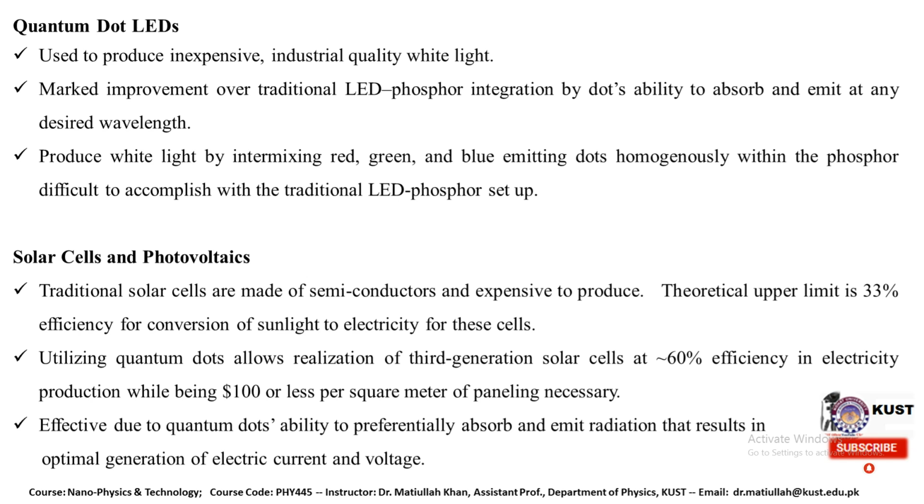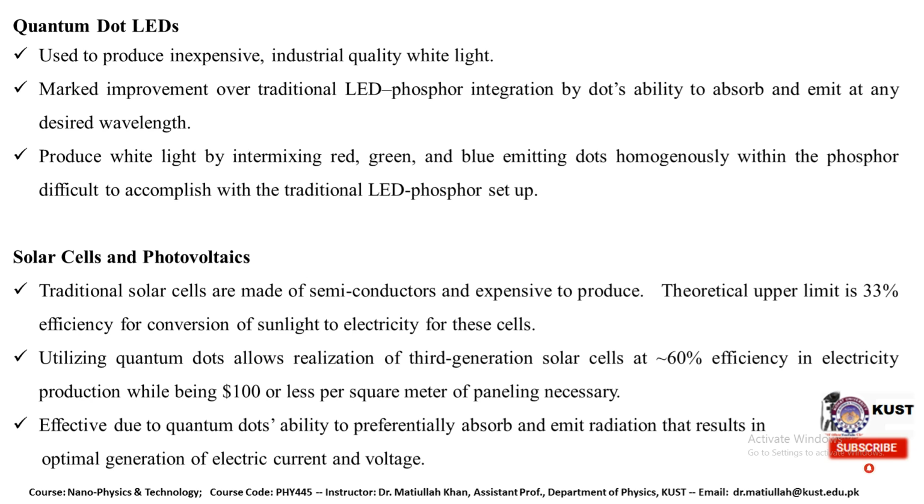Actually, with normal LED phosphor it was difficult to create white light, but in this case we can create white light by intermixing the three different colors, red, green and blue. The other interesting application of quantum dots is in solar cells and photovoltaics.